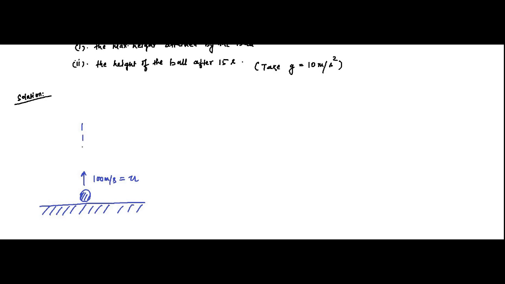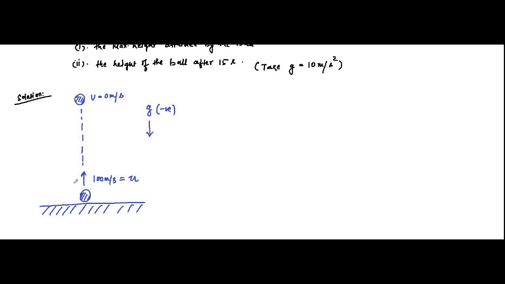It will move upwards, and as gravity is acting downwards, it will be negative. It will oppose the motion. So finally the ball will come to rest with final velocity 0 meters per second.